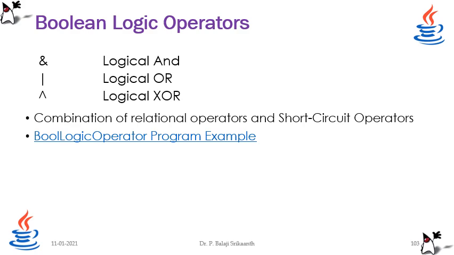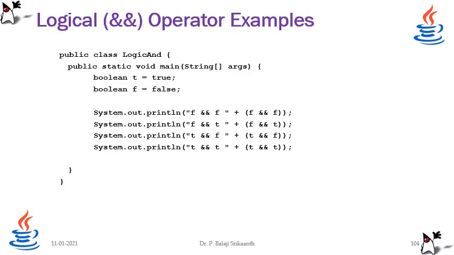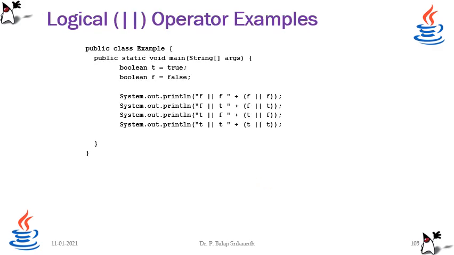Boolean logical operators. This represents logical AND, logical OR, and logical exclusive OR. The operations are the same as the ones we saw in bitwise operators. This is for logical OR operation.